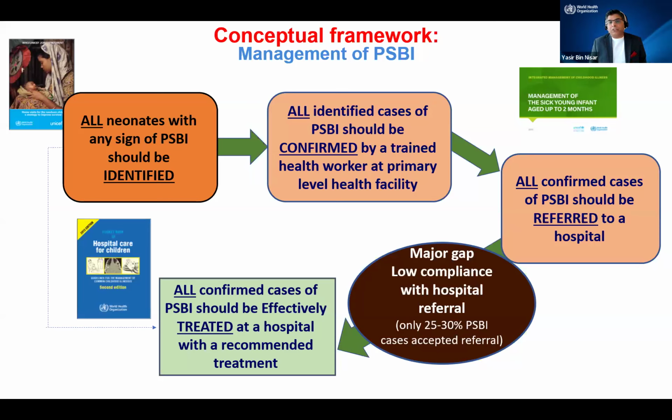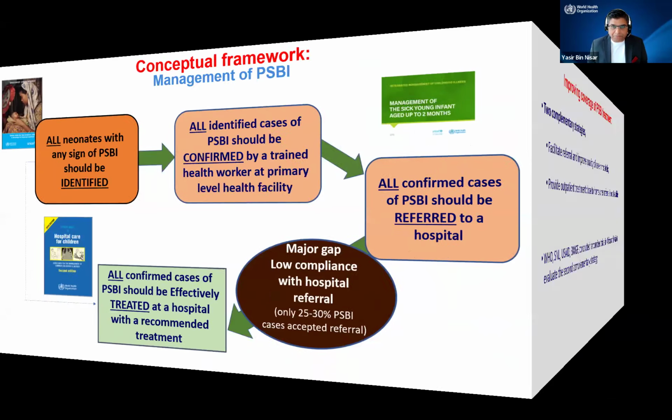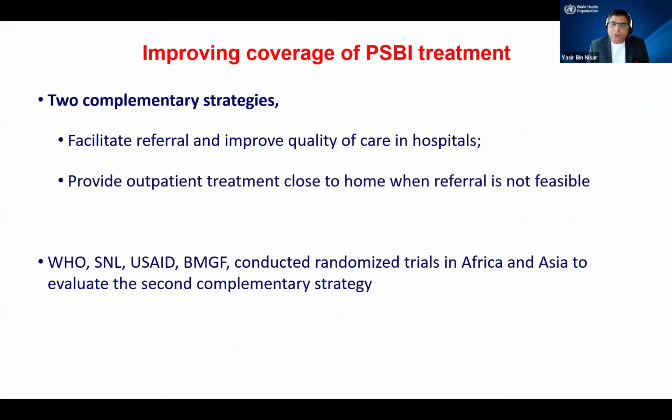So that was the major reason that even with IMCI, we were unable to get high coverage of PSPI treatment. Then the question was how we can improve PSPI treatment. We know that these young infants have danger signs and need treatment, but once they refuse hospitalization, there is no alternate management for them.